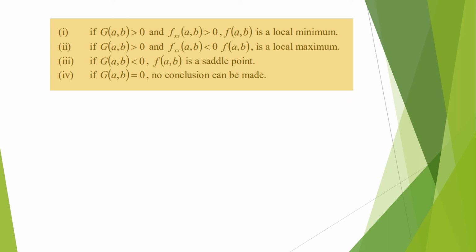Okay, step 5. So step 5, to make our decision, we refer to our theorem here. Okay, so we have 2 critical points just now.